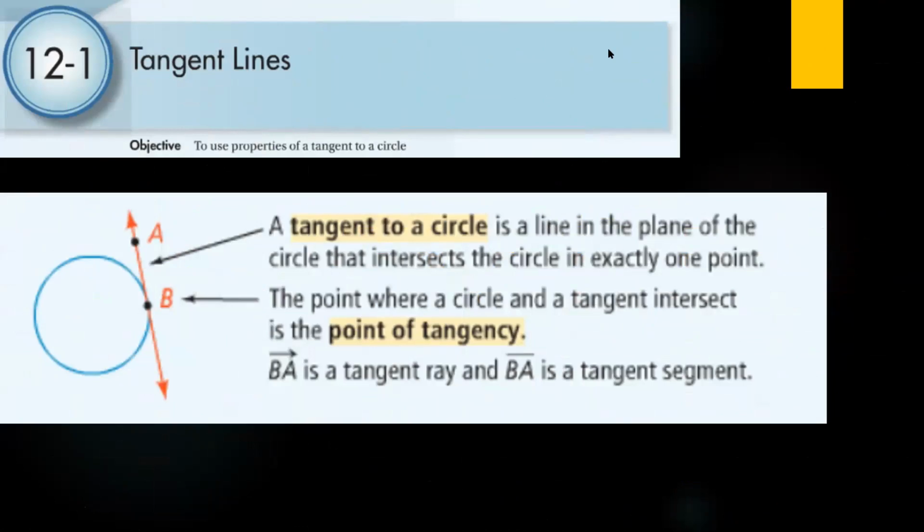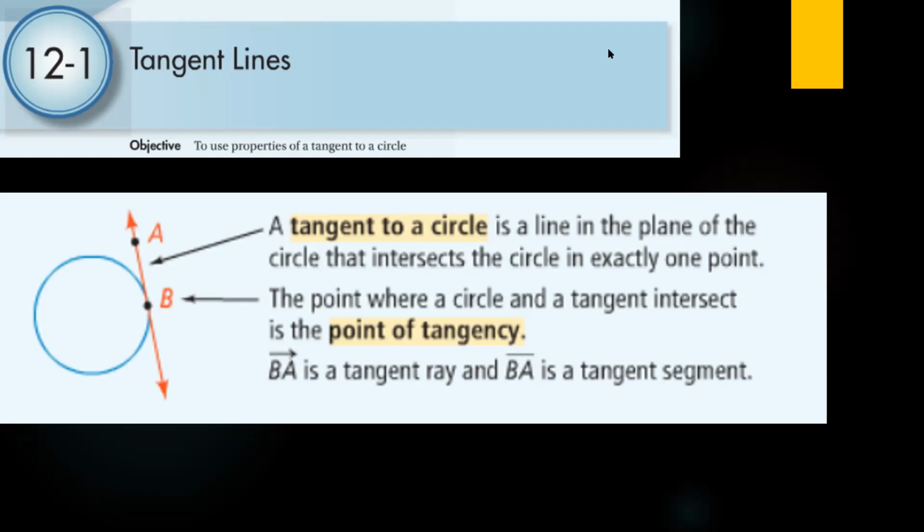What is the tangent line? Look, there's a ray here, which is ray AB. As you see, this line now touches a circle at a point. This line is not passing inside the circle, and it's not outside so far from the circle.